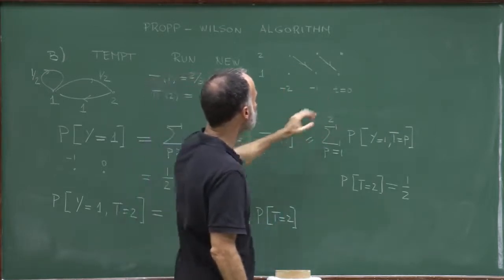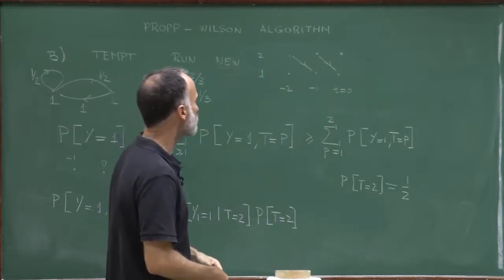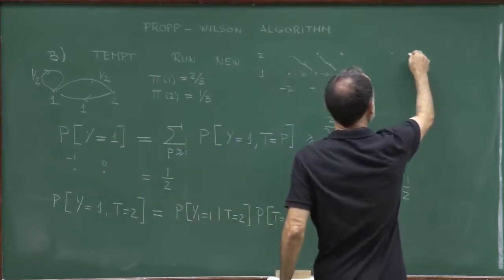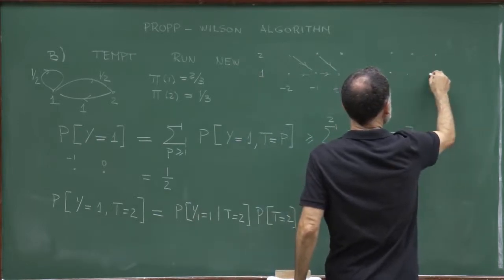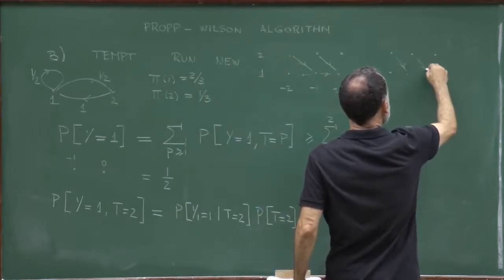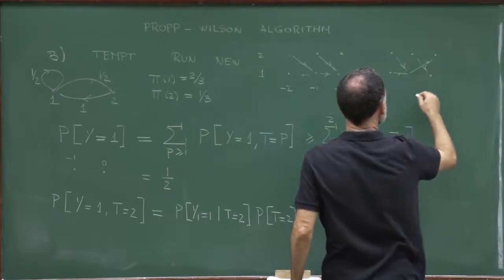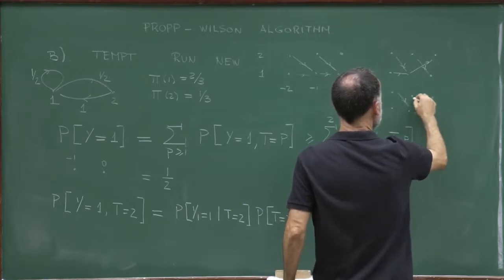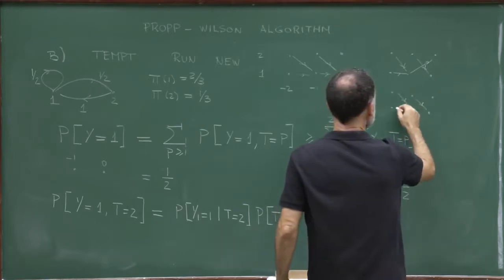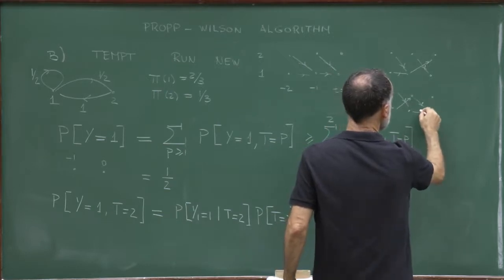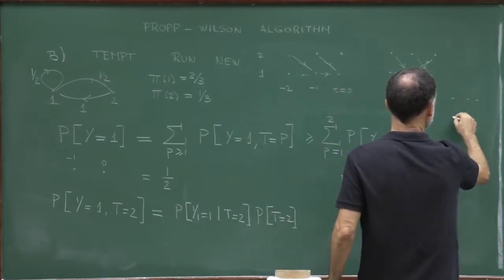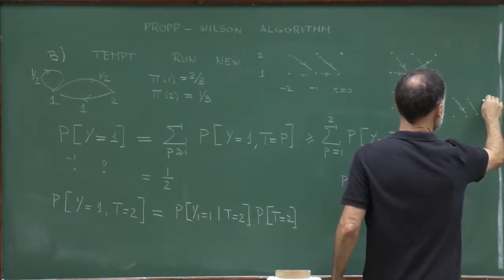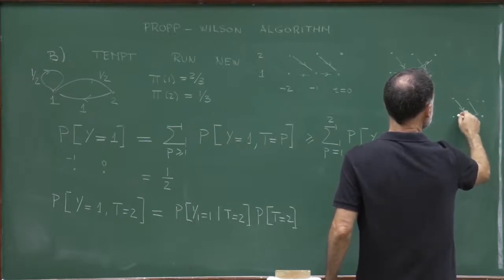So since there are 2 steps, I have 4 possibilities. Let me draw them all. This is one possibility, this is a second possibility, and this is the third possibility.